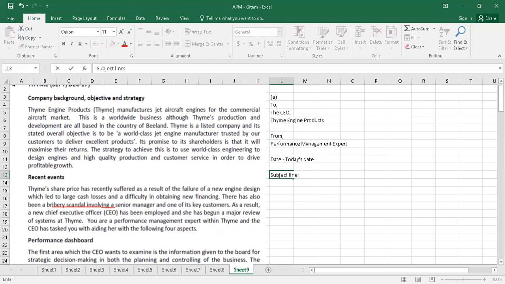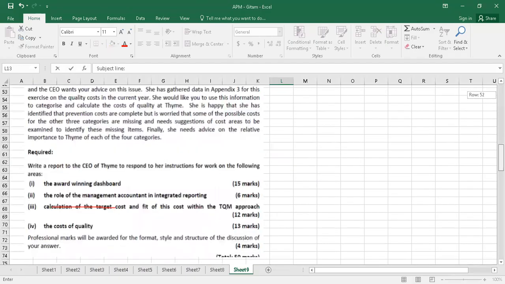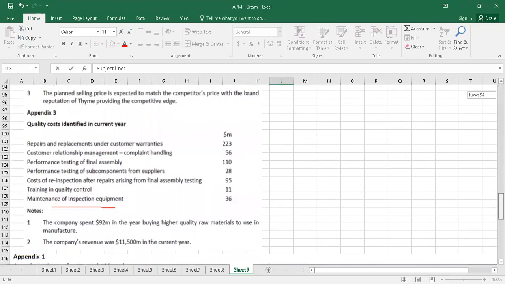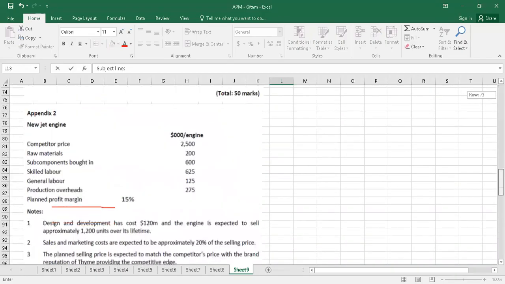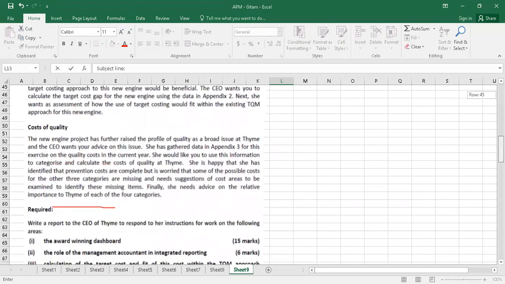What is it that they are writing a report about? The performance management expert of Time is asked to write a report. Report on what?